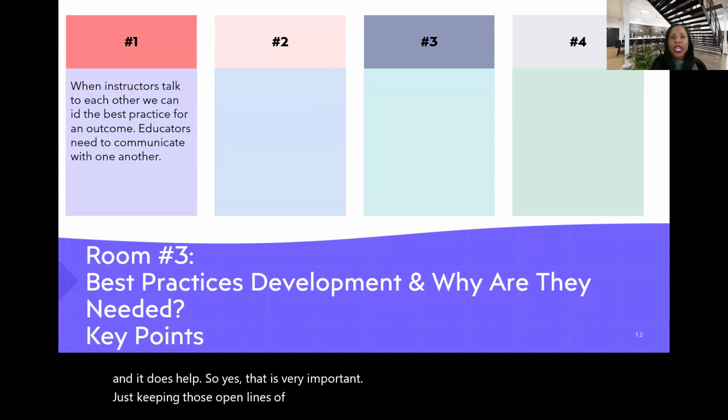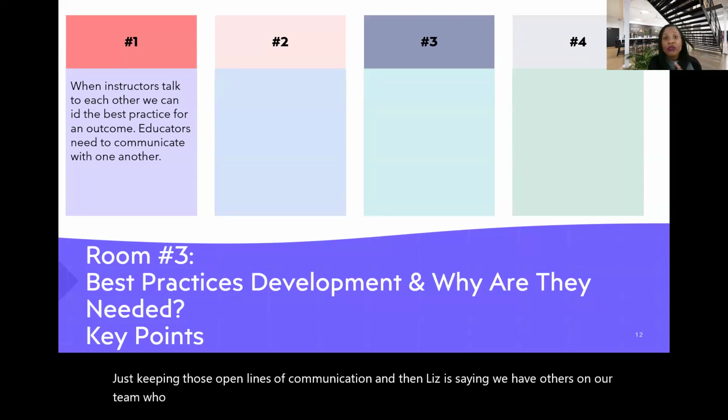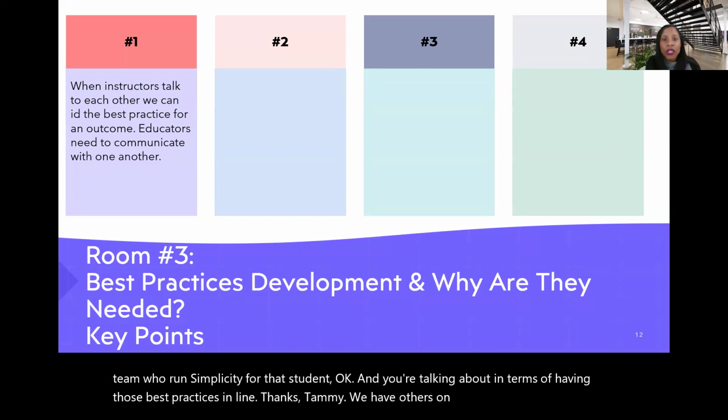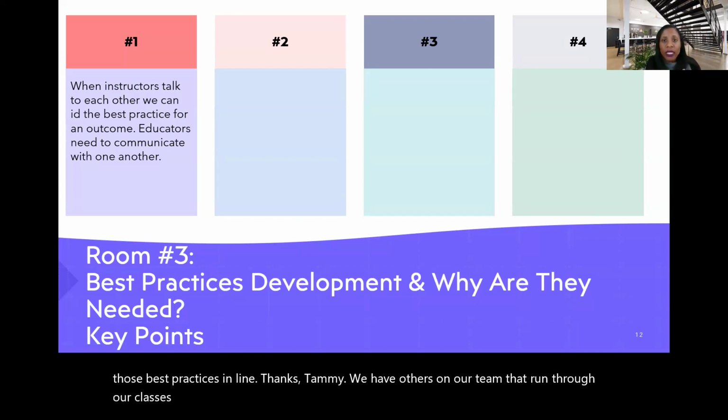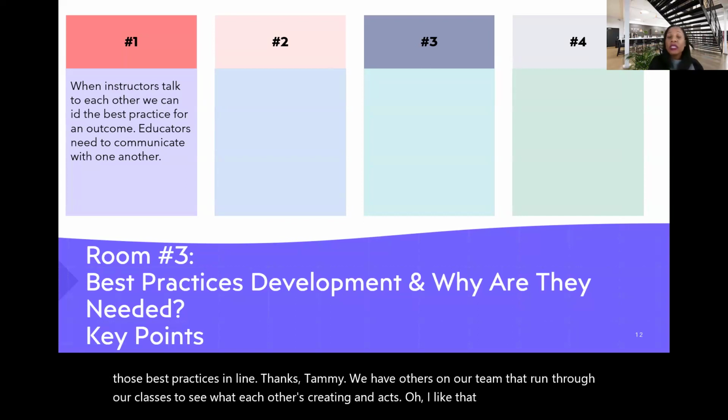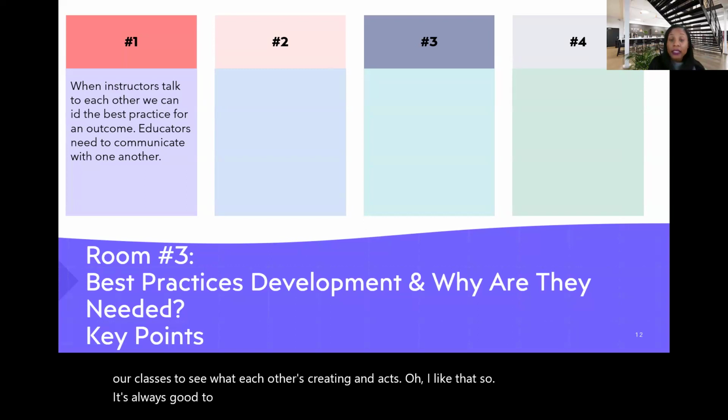And then Liz is saying we have others on our team who run through our classes to see what each other's creating and say, oh, I like that. Thanks, Tammy. So it's always good to get a second set of eyes on your class, right?